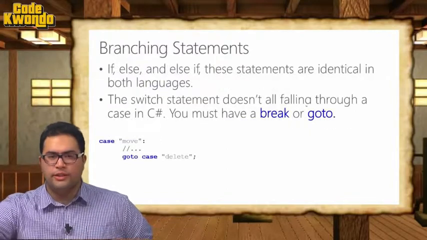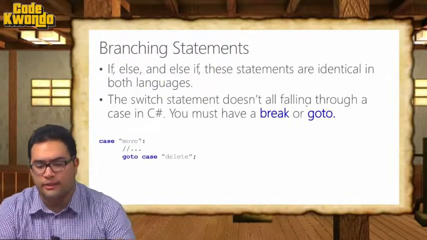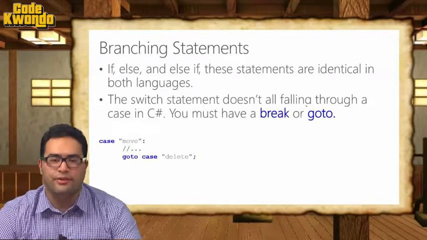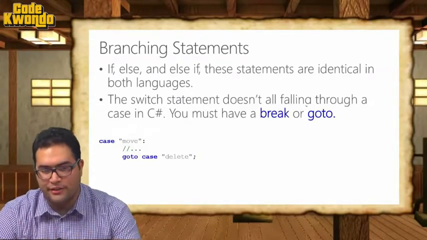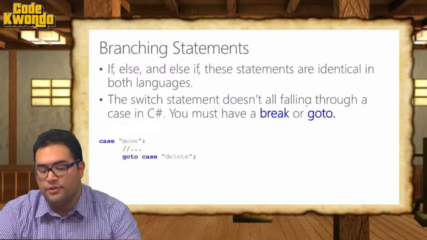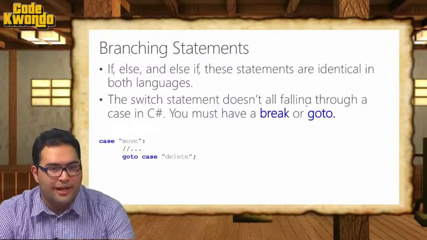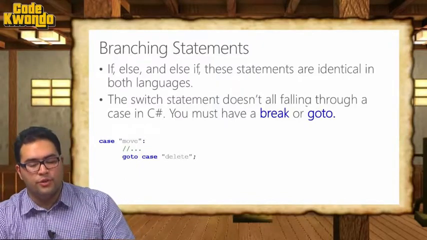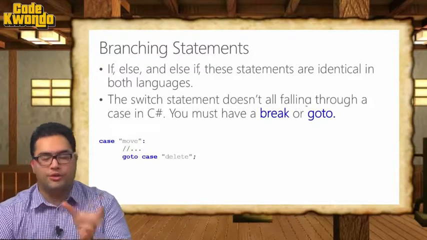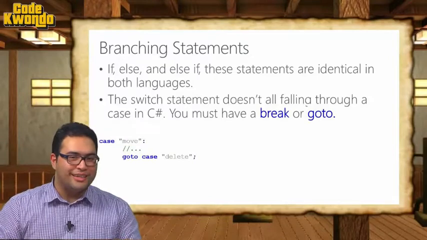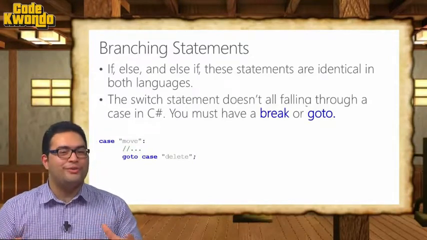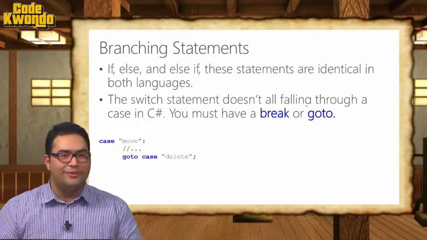In terms of branching statements, if, else, and else if are exactly the same. The basic parts of the language are going to be exactly the same. There is a difference with the switch statement. In C#, it actually doesn't fall through, so you must have a break or a goto. Yes, the goto keyword. I know that some of you are probably thinking, why would you ever bring back the goto keyword?